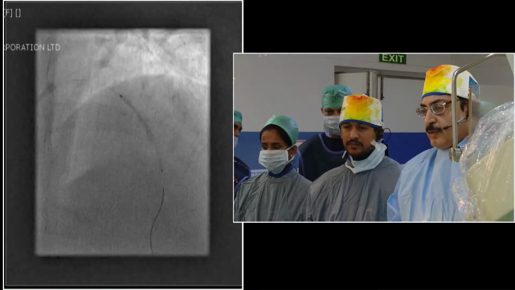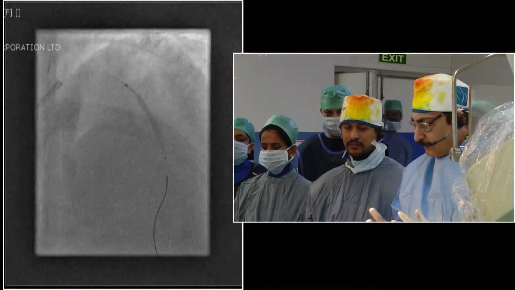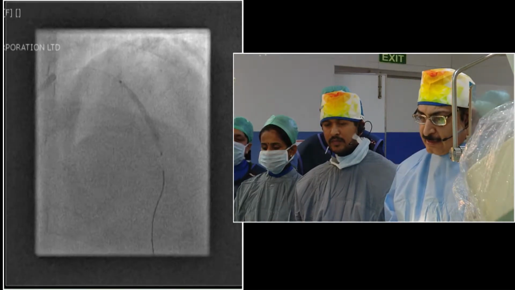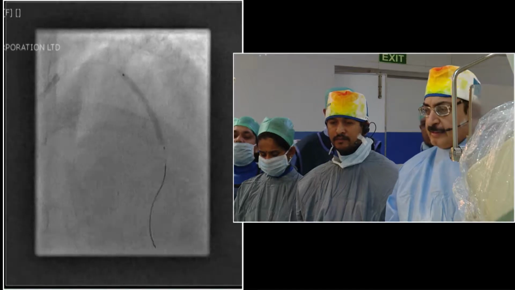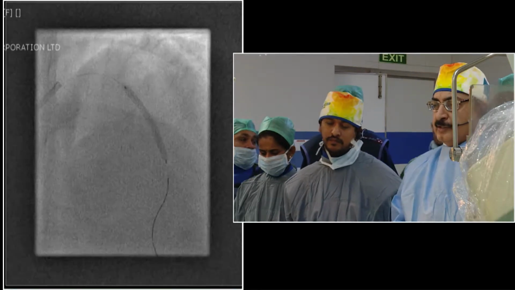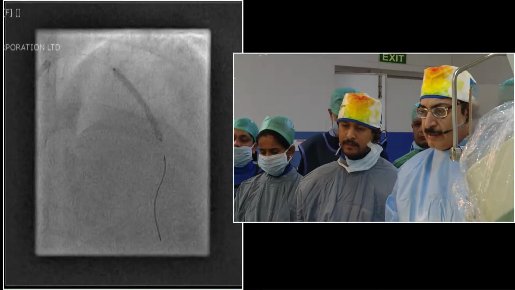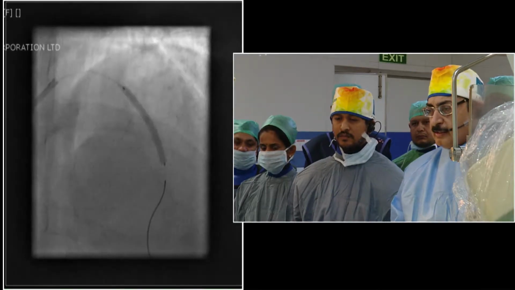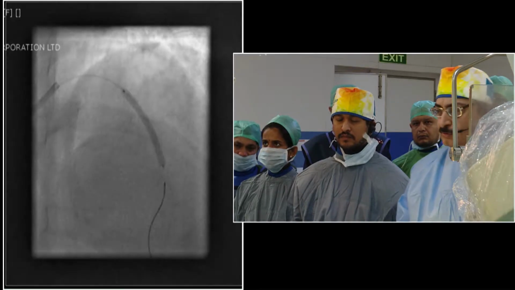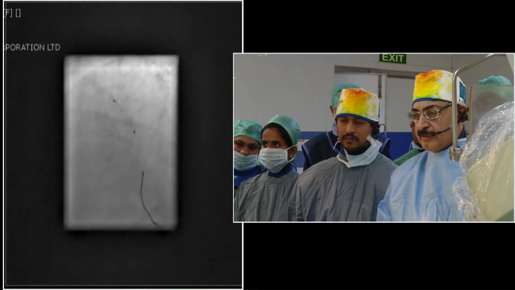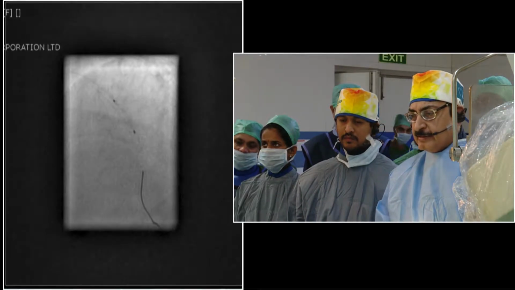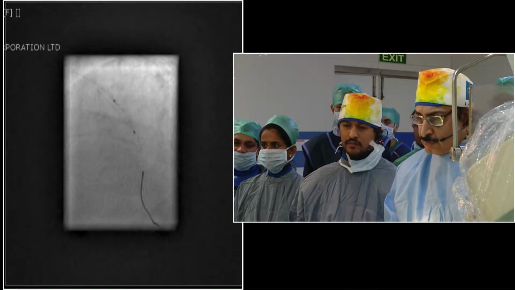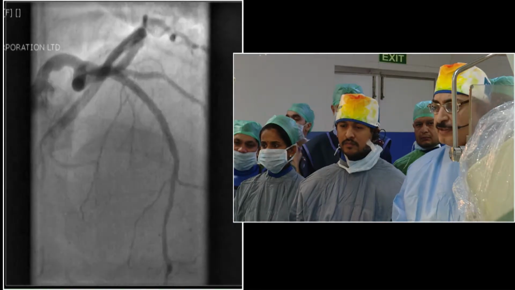While we are seeing the angioplasty, the plan today was to put a Supraflex Cruz, because this stent has very unique properties. It is the thinnest strut available in the market, in sizes from 2.25 to 4 millimeter. And as you have heard from Dr. Santoso, it has undergone a big head-to-head trial comparison with Xience. It is a non-inferiority trial where it has been proven to have equal efficacy and safety.